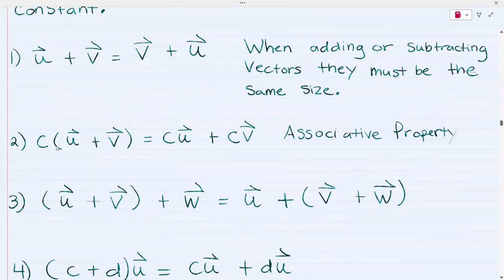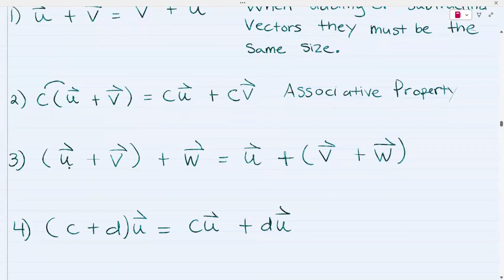Here you have vector u plus vector v multiplied by a scalar c. All you got to do is multiply that scalar through, and that's also known as the distributive property. And this one, vector u plus vector v plus w, you can switch the orders around and you'll get the same answer.